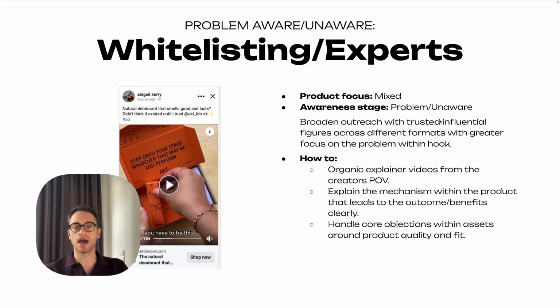Basically, get your top performing ads and run them through your top creators, maybe through their profile. It comes out a lot more authentic and a lot more native as well, and that's why we've seen very strong CACs and CPAs from this format. And again, the focus here will be on the problem, on the hook.